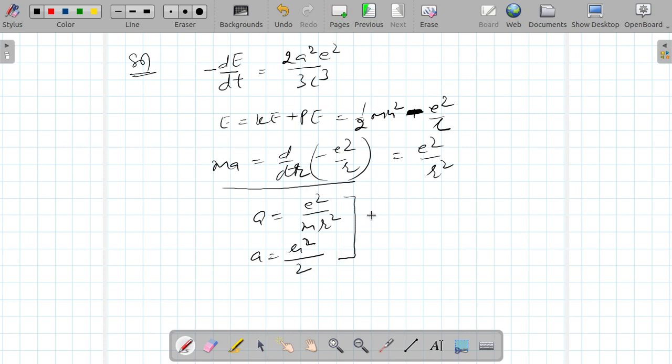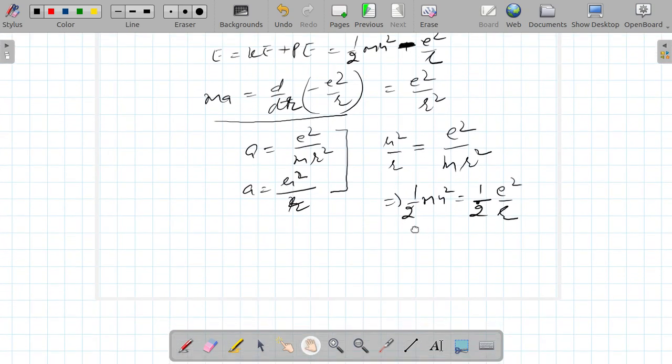So that means if I compare these two terms, then what I am getting is u square by r, it is equal to e square over mr square, and from here half mu square is equal to 1 by 2 e square by r.